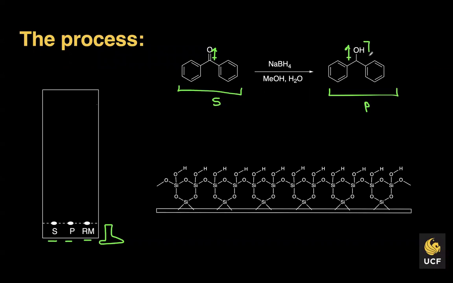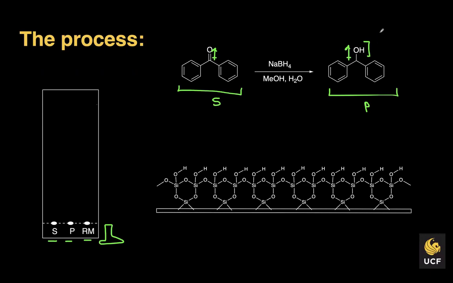But if you notice within diphenyl methanol, you also have an OH group, right? That is a hydrogen bond donor and acceptor, whereas the carbonyl oxygen is a hydrogen bond acceptor. So there's slightly stronger interactions for the product with the actual TLC plate. Does everybody agree?